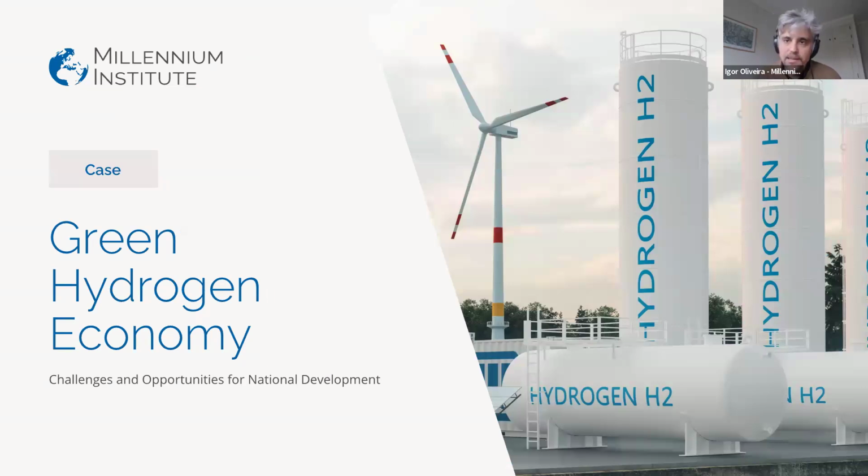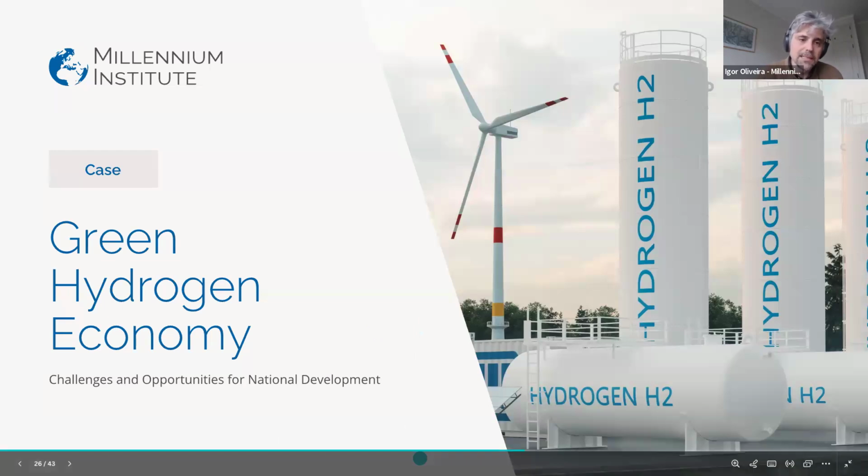We ran the complete modeling process, but it was focused on a specific aspect, which is the development of a green hydrogen economy in these three countries, and the synergies and trade-offs that it creates in terms of sustainable development pathways for these three countries. So let's look a little closer into the case of Brazil and the use of data for that case.